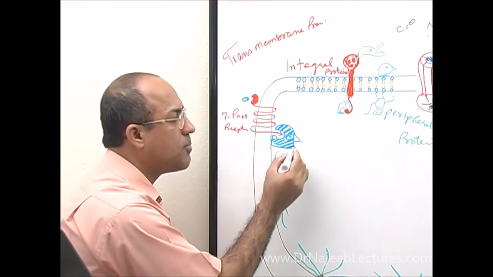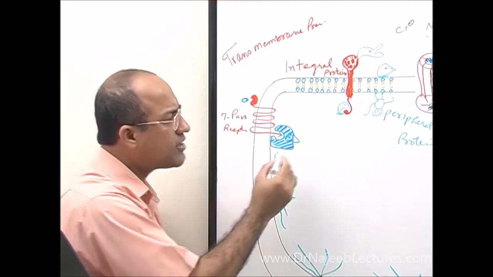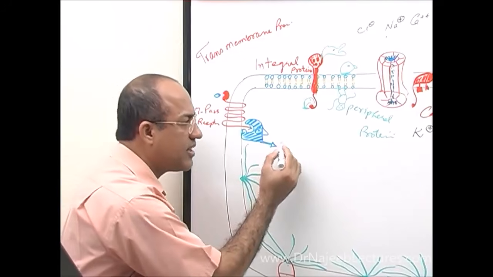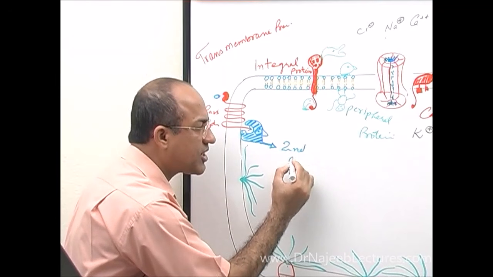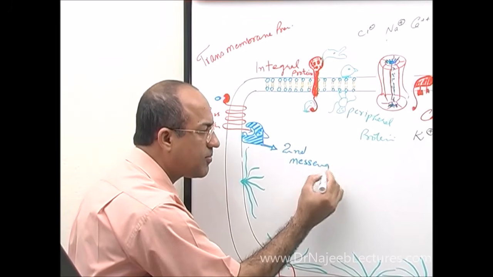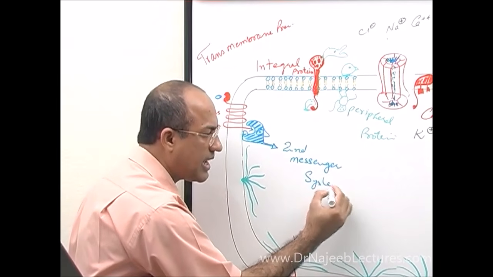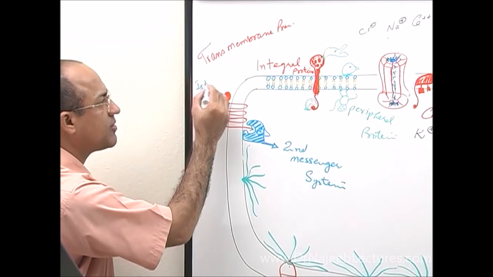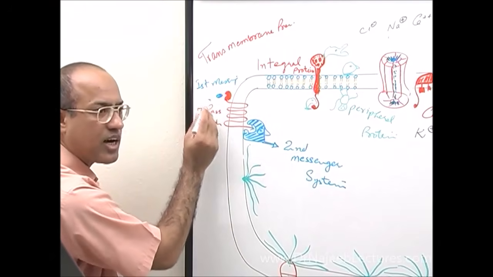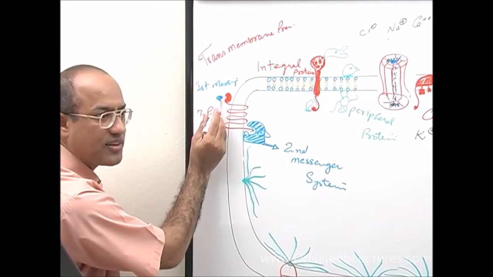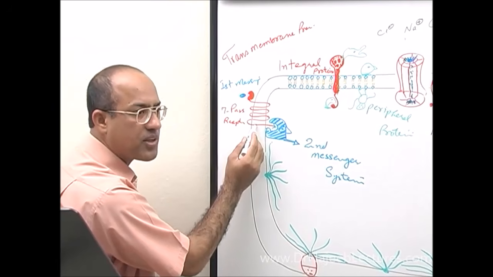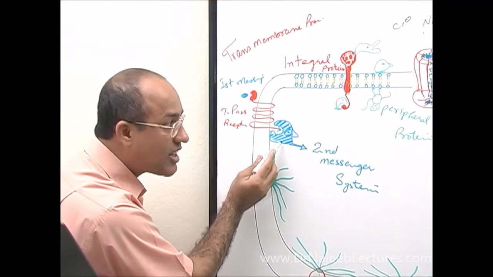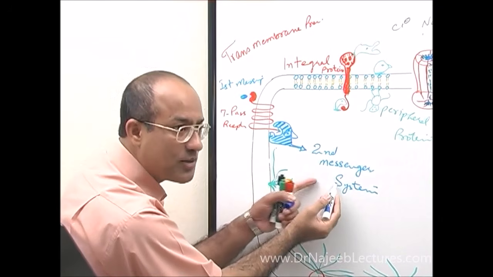This protein may give signals further into the cell and activate the second messenger system. Suppose the hormone which comes here is the first messenger. The first messenger works with the receptor, the receptor activates some other intracellular protein, and that intracellular protein produces the second messenger.